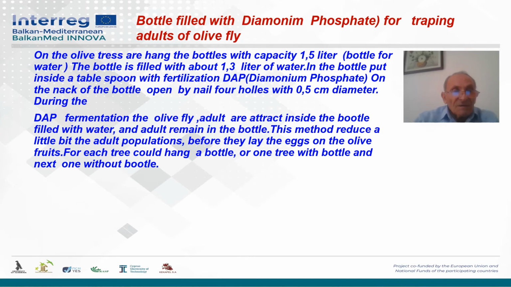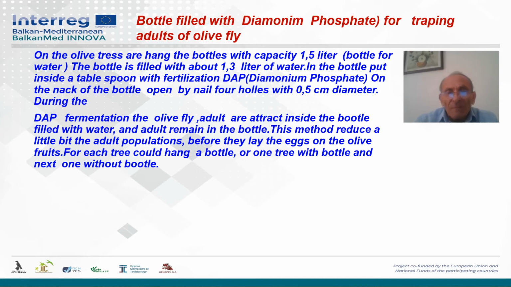During the DAP fermentation, olive fly adults are attracted inside the bottle, and the adults remain in the water of the bottles. This method reduces a little bit the adult population before they lay the eggs on the olive fruits. For each tree could hang a bottle, or one tree with a bottle and the next tree without a bottle.